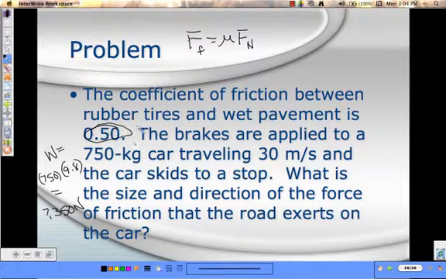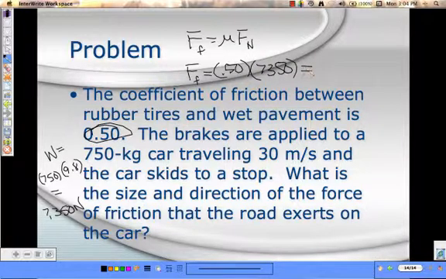And we know the coefficient mu is 0.5, so our force of friction then is equal to 0.5 times 7,350. So what's our force of friction? Half of that. 3,675. Very good. Questions on that one?